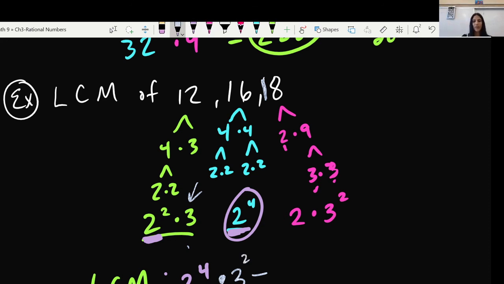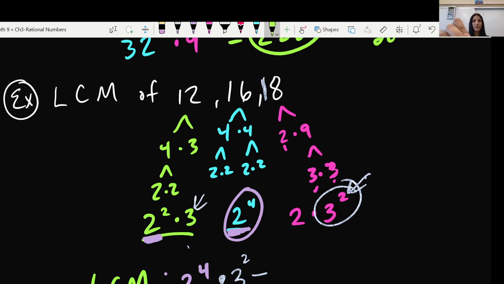So I hope that you can go back in your video and revisit that and it didn't mess you up too badly. I just would rather have more to work with here, which makes it a little more interesting for you, because if we compare them, this one only has a 3, but this one has a 3 squared. So I'm going to take the larger one to include in my calculation, which is what I got here.